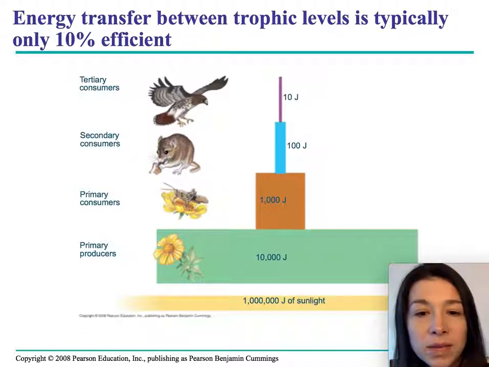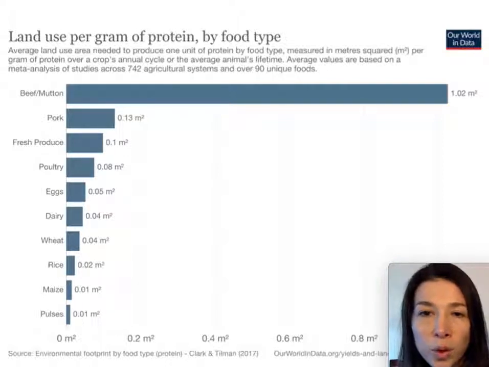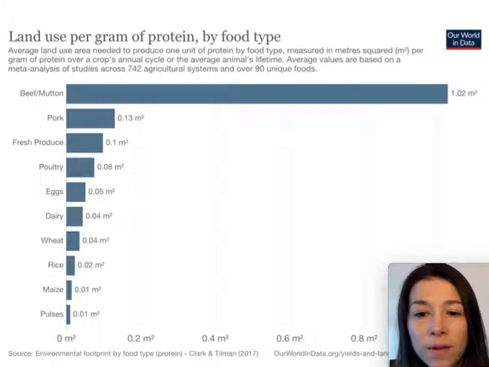And we can even consider the amount of protein that is yielded from that amount of land and do a direct comparison of the protein that we can get from beans, for example, way down there on the bottom, versus the amount of protein that we can get from beef, and how much land does it take to produce the same amount of protein.